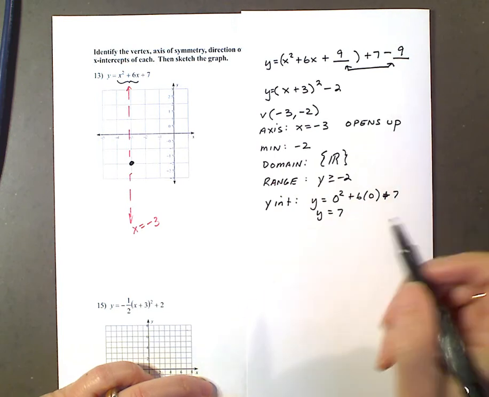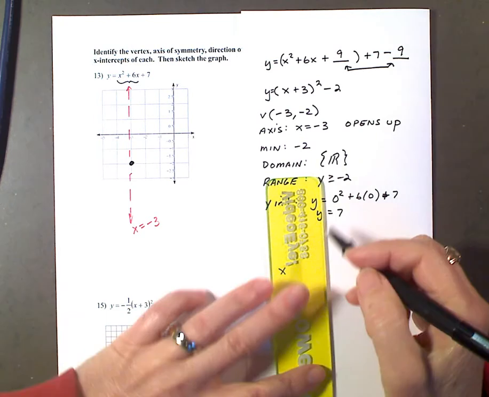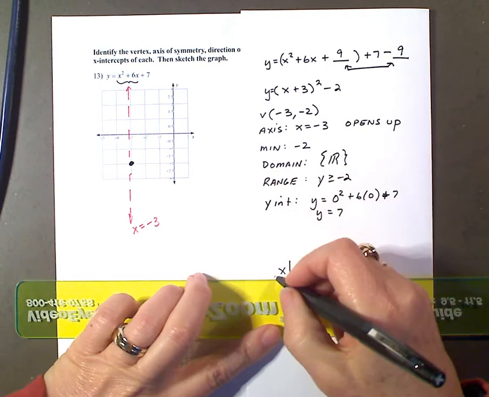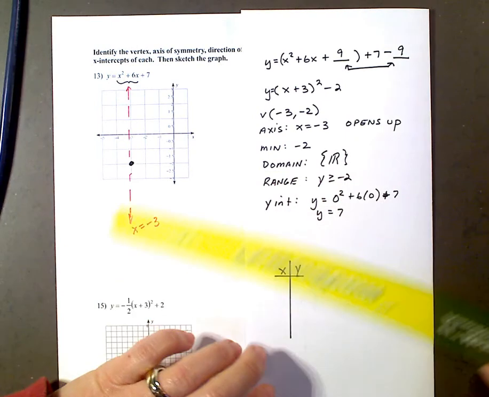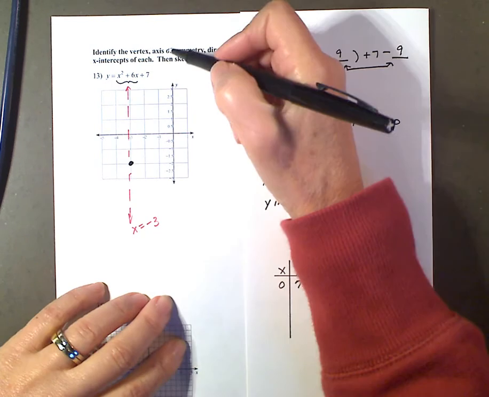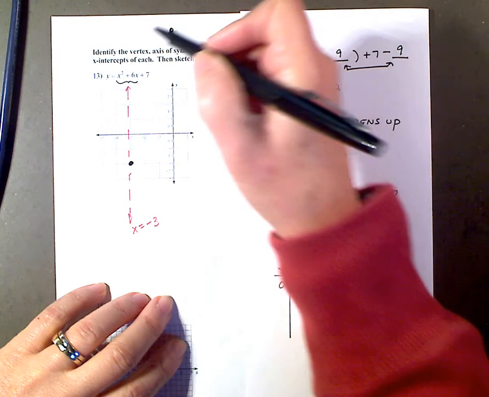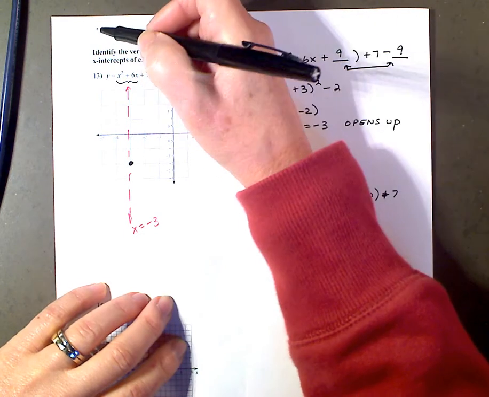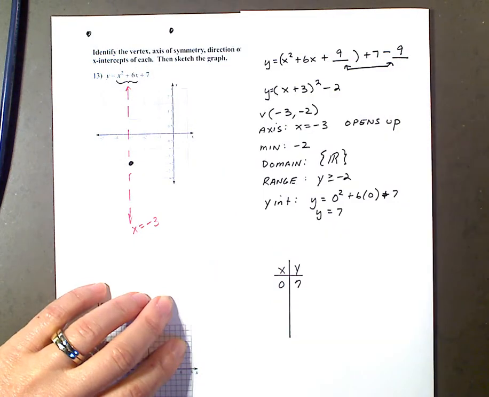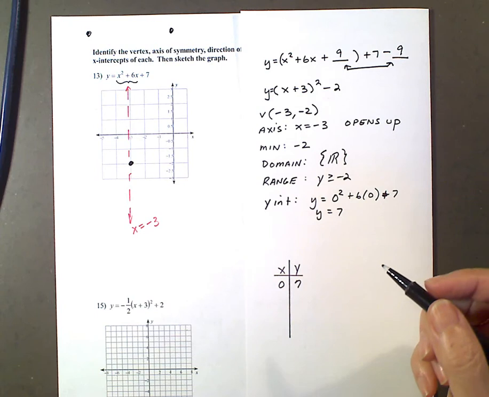So in making a little xy table here, when x is 0, y is 7, so that's going to be way up here somewhere. So I would be putting a point up here and reflecting it, somewhere back up in here. So anyway, that could give me points if I scaled my axis differently.